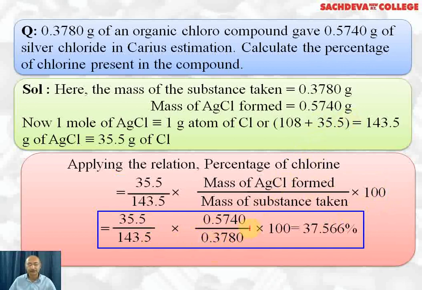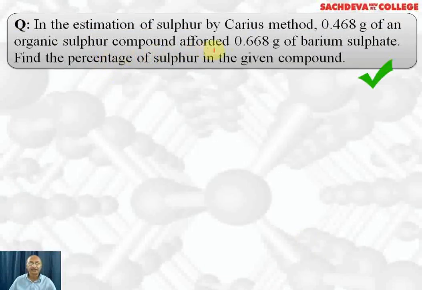We have substituted its value. Mass of organic compound taken was 0.3780 into 100. The percentage comes out to be 37.566%.